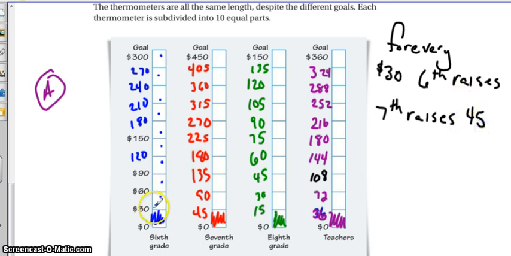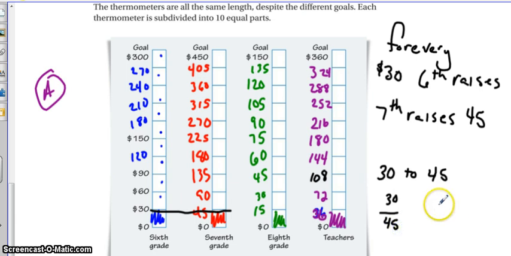Okay, because if we look here, they're at the same point on the line. So what that gives us is a 30 to 45 ratio, or a 30 over 45 ratio, or in the special notation, 30:45, or 30 for every $45.